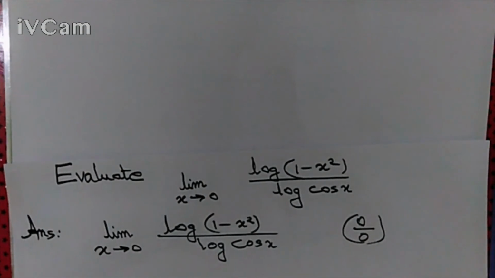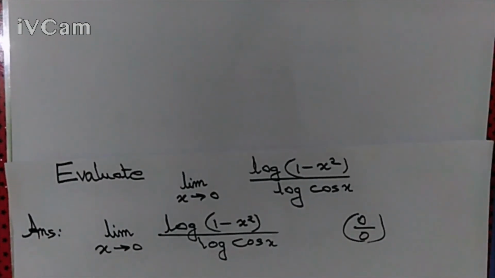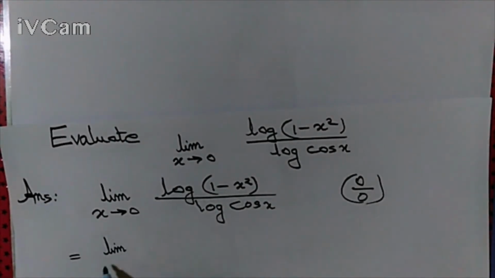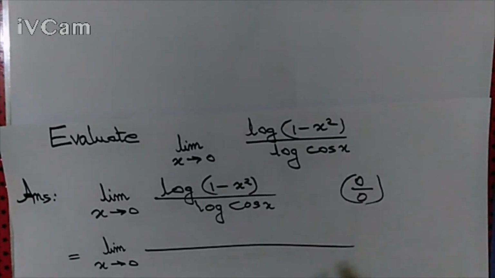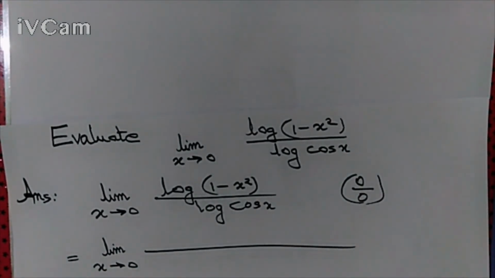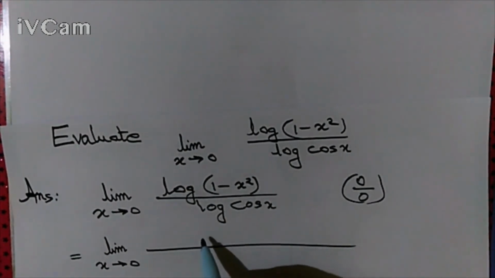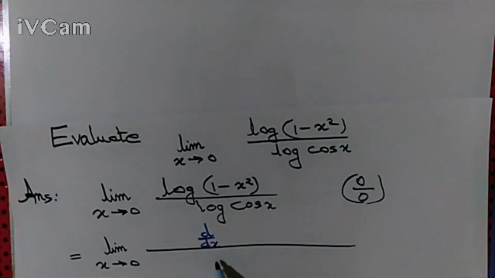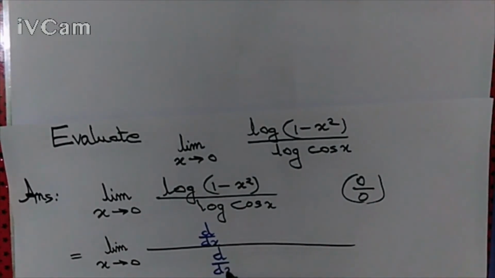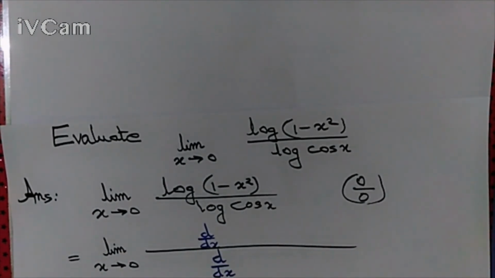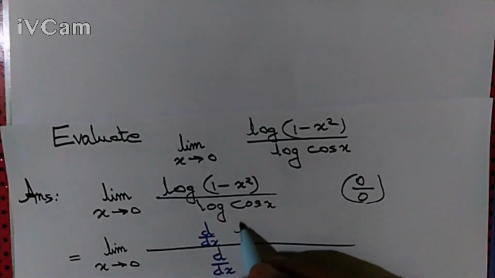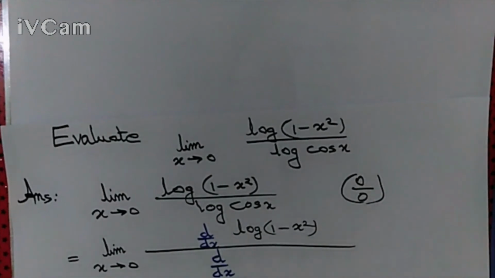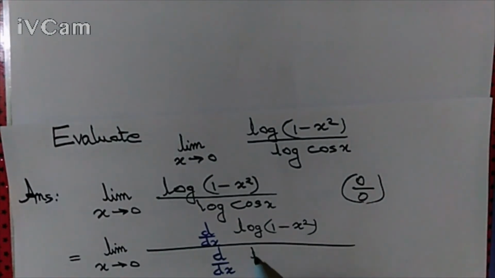Now once we have 0 by 0 form, this limit is simply equal to limit x tends to 0 derivative of numerator divided by derivative of denominator. Well, numerator we have log of 1 minus x squared, and denominator we have log of cos x.